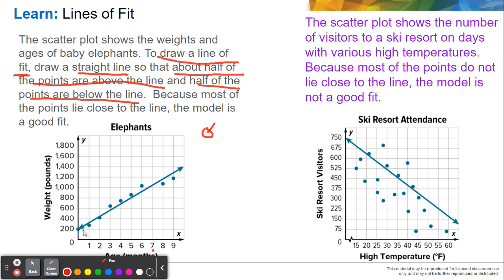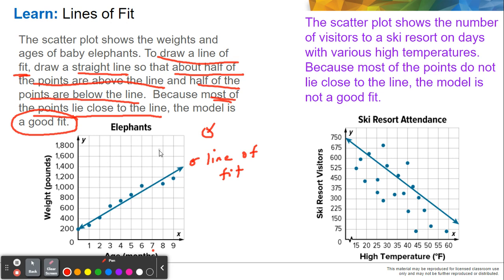If you observe this one, this is our line of fit. As you can see here, because most of the points lie close to the line, this model is a good fit.